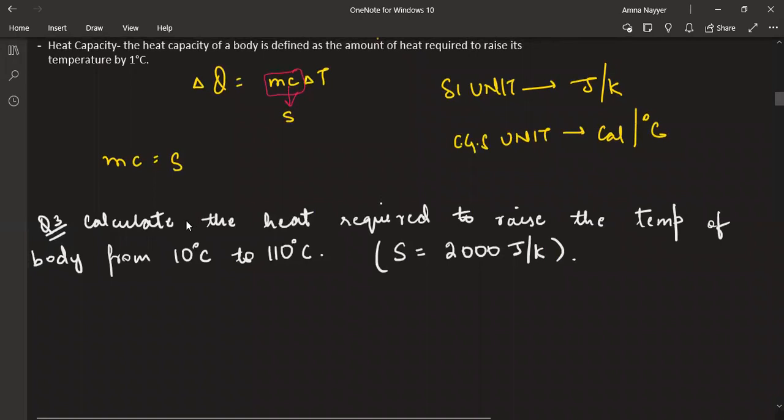This is the question. Calculate the heat required to raise the temperature of body from 10 degrees Celsius to 110 degrees Celsius. So S is given.